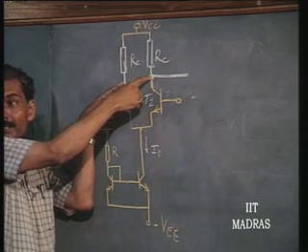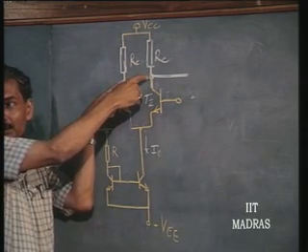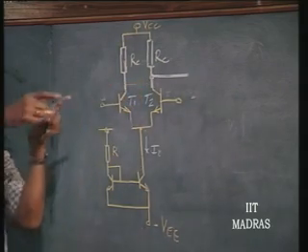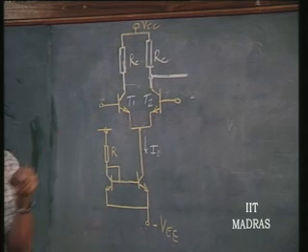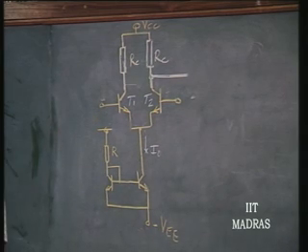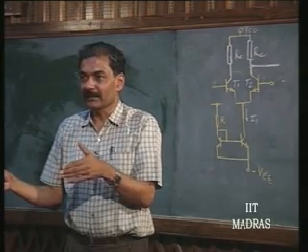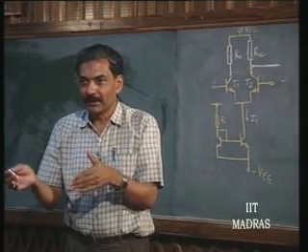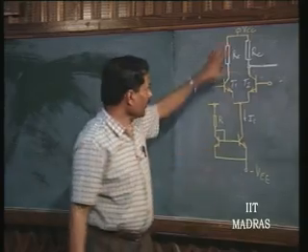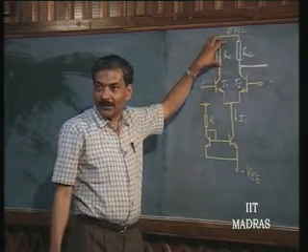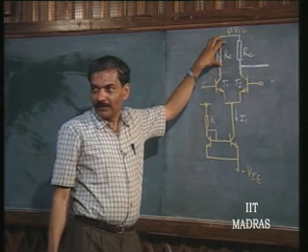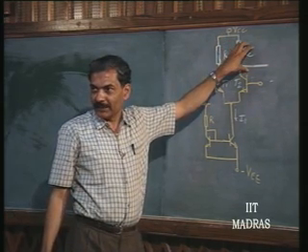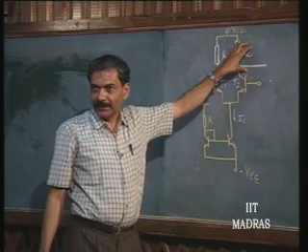If you are taking it as a differential output, you have to connect another differential stage from here, so as to exploit the full gain. Whereas, if you have replaced it by means of a current mirror, you can take it out of only one collector. That is the high impedance point. That is the only high impedance point. The other portion, which is nothing but a diode, is a low impedance point. So, the only one high impedance point exists in the case of a current mirror, that is the other collector.